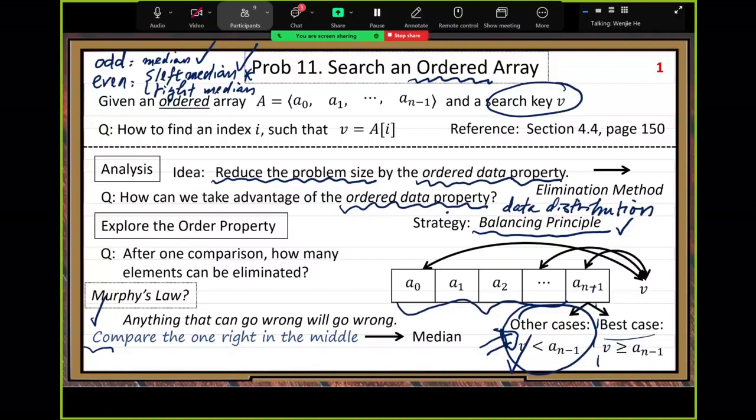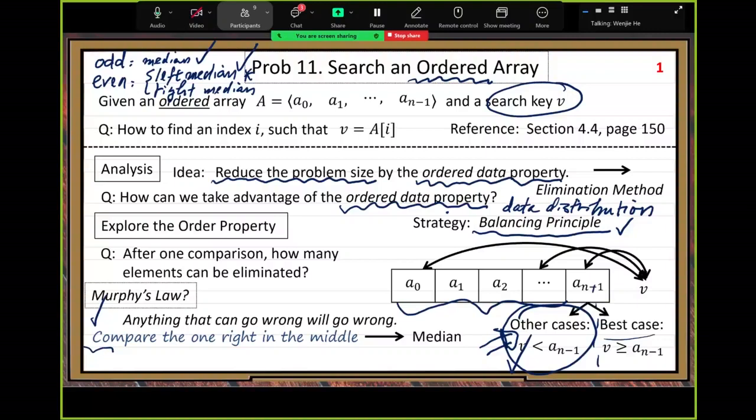The way that corresponds to the fastest algorithm usually corresponds to distributing the data evenly in two subarrays. So that's the balancing principle. You split your data in two subarrays as even as possible.